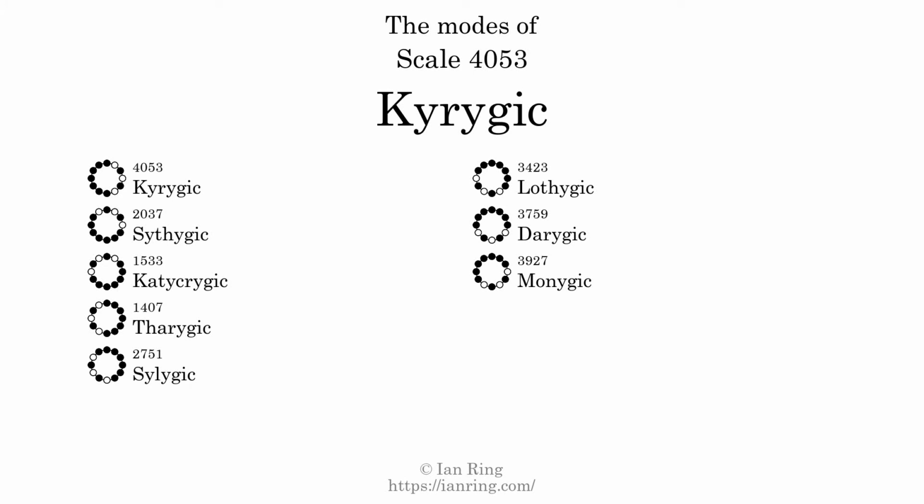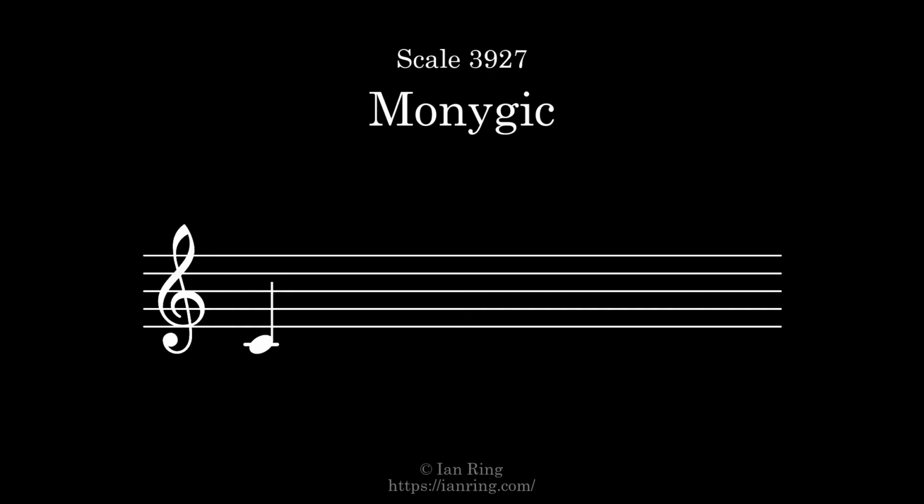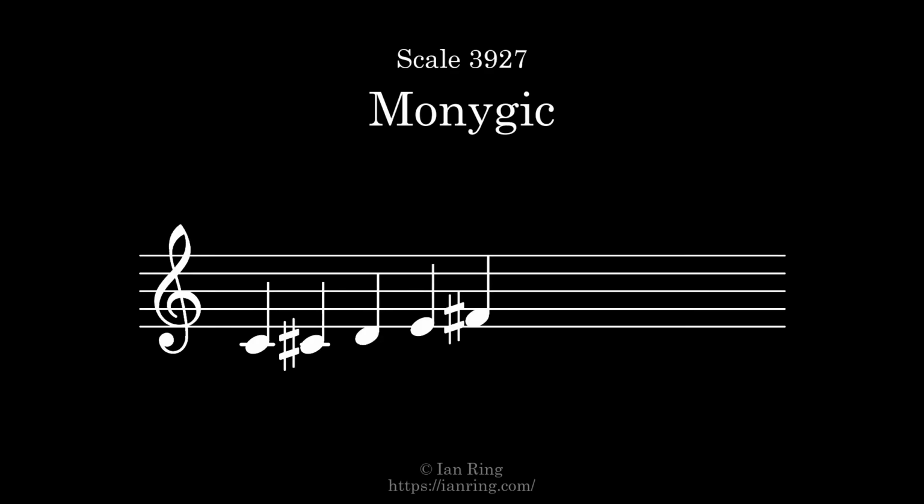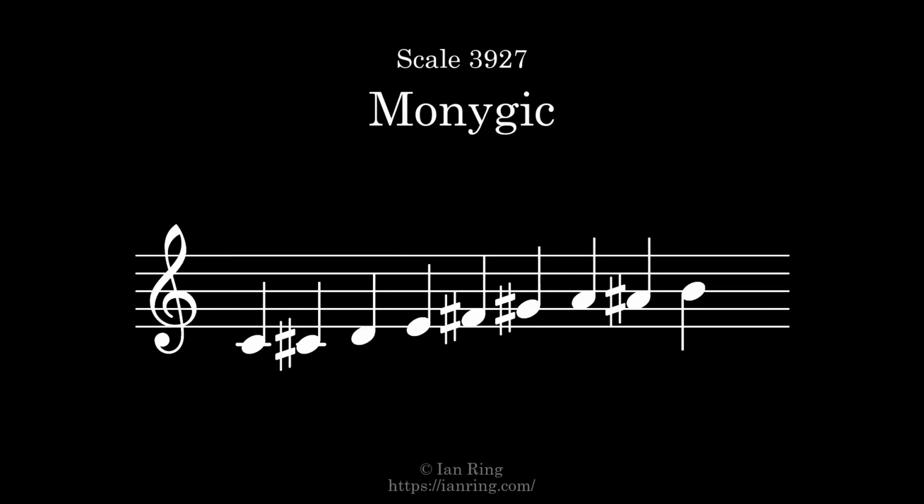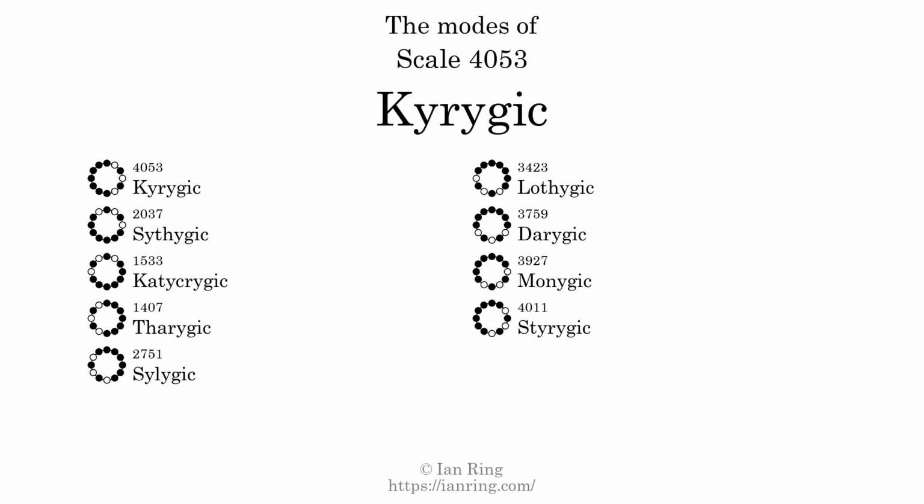The eighth mode is scale 3927, also known as Kyrygic. It sounds like this. The ninth and last mode is scale 4011, also known as Kyrygic. It sounds like this.